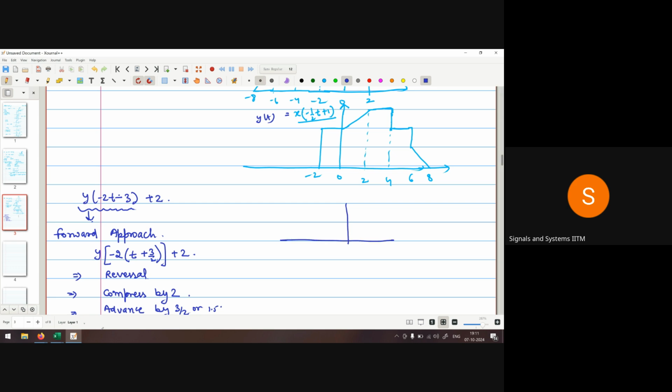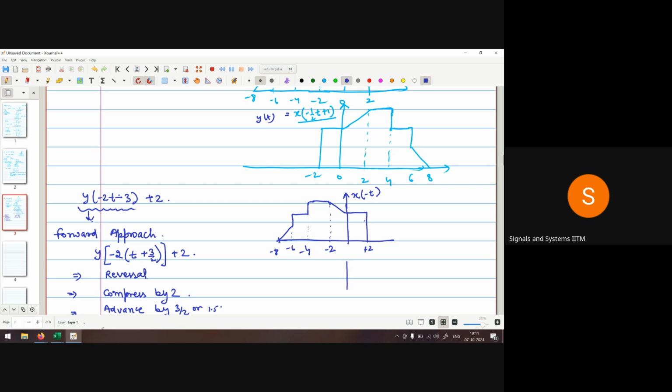When I reverse the signal, the process is -2, 2, sorry, -2, -4, this is plus 2, and then -6, -8. Okay, this is x of -t.